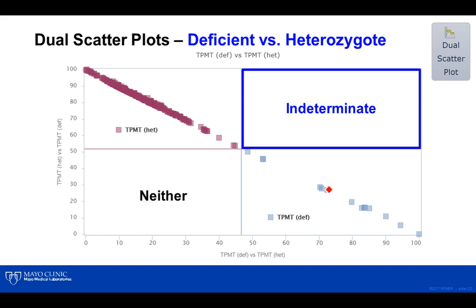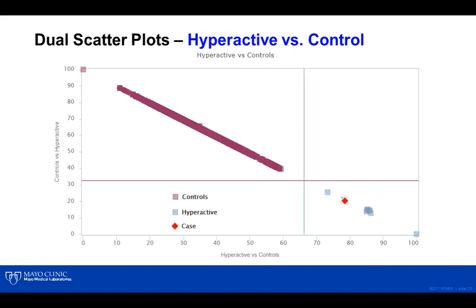When used to investigate an unknown case, the coordinates of the combined scores of a particular case are shown as a red diamond. A dual scatter plot is actually needed for better definition of hyperactive cases in comparison to normal cases. To generate this plot, all controls were added to the database as individual cases, and a single condition tool was created.